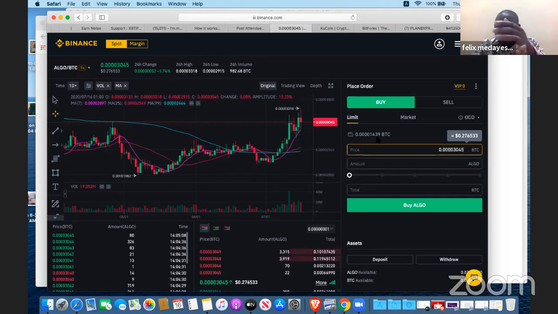If it's 1-digit Satoshi, it's going to have 7 zeros between the decimal point and the digit. If it is 2-digit Satoshi, which is tens of Satoshi, it's going to have 6 zeros in between the decimal point and the digit. If it's hundreds of Satoshi, which is from 100 to 999, which we call 3 digits, it's going to have 5 zeros in between the decimal point and the digit.